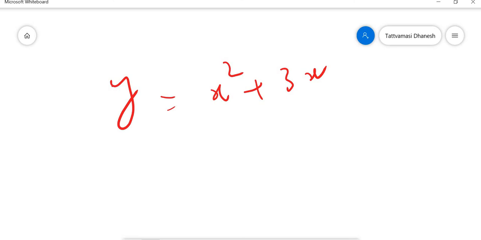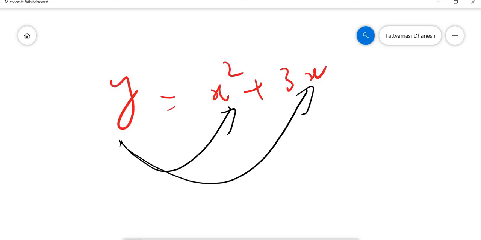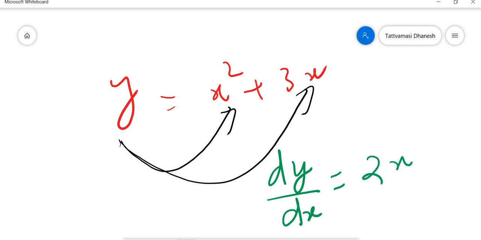So y depends on only one variable, that is x. When you differentiate, you use normal differentiation, dy by dx. It is 2x for x square, plus 3 for 3x.